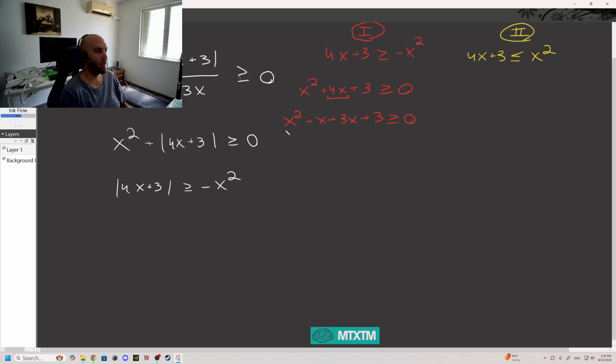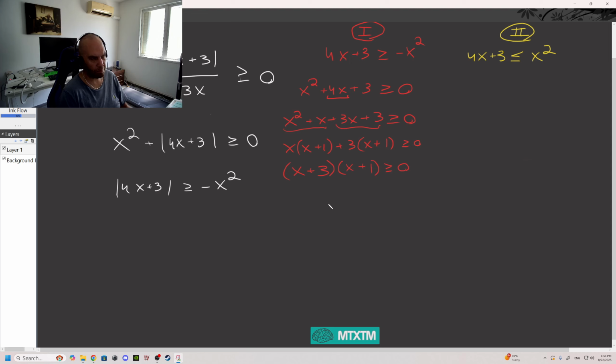Now I can extract the mutual term here and here. So I have x times (x plus 1) plus 3 times (x plus 1) greater or equal than 0. And now I have (x plus 3) times (x plus 1) is greater than or equal to 0.